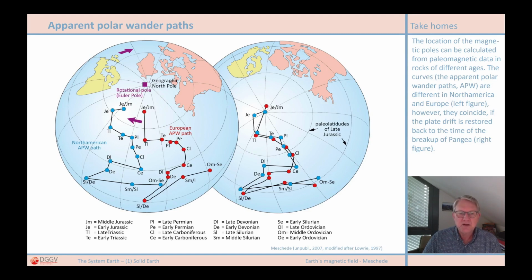This agreement of the apparent polar wanderpath is considered one of the most important evidence for the existence of plate drift. And with that, I would like to move on to the next video, which deals with the formation of the magnetic stripe pattern in the oceanic crust and plate movements that can be derived from these stripes.